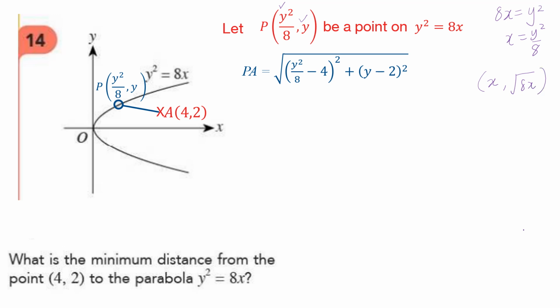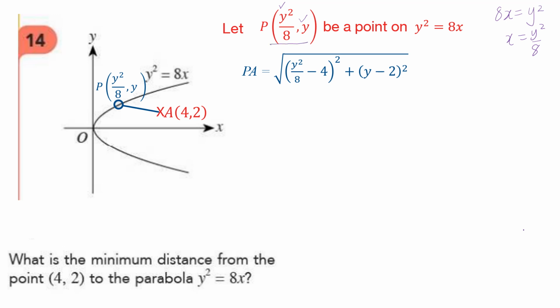It's very tough after that when I need to find your distance PA, and also because I can have a positive or a negative. So to avoid that, it's easier just to let it in terms of y. Let your y coordinate be y, then from there you find your x coordinate to be y squared over 8. So that explains how I get this point.